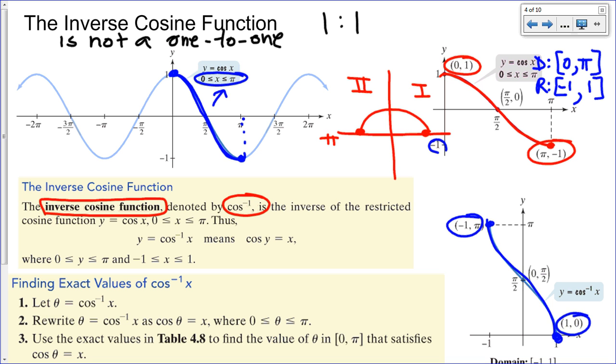So when we talk about the other one, the cosine inverse, the domain and range will also be interchanged or switched. So the domain will be from negative 1 to 1, and the range will be from 0 to pi. And that's what you could see here.